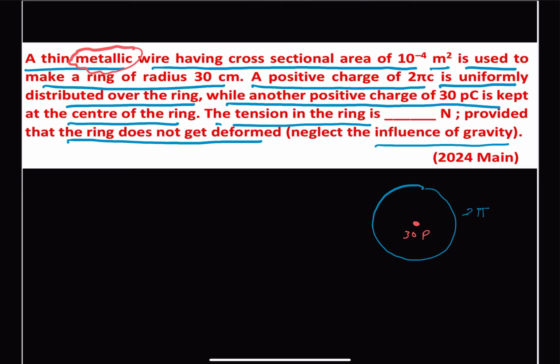So we can say that the central charge repels the positively charged ring uniformly. Okay, so there will be a uniform electrostatic pressure because of this central charge.